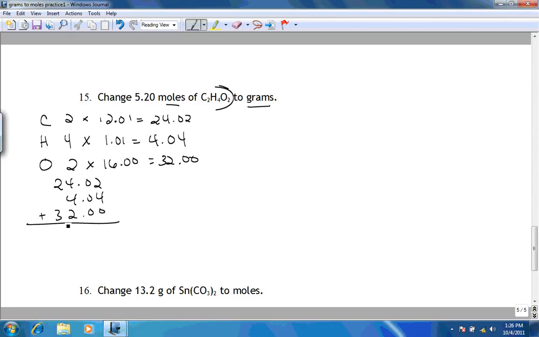So we add those up to become 60.06 grams of C2H4O2 is equal to 1 mole C2H4O2.